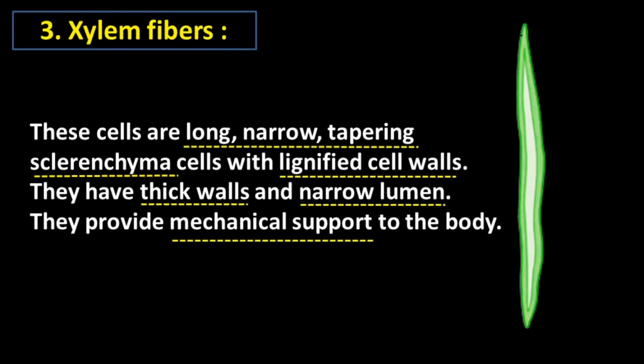They have thick cell wall and narrow lumen. They provide mechanical support to the body. So these are long, narrow, tapering Sclerenchyma cells. This cell wall is made up from lignin. This cell wall is thick, narrow, and they provide mechanical support to the body.